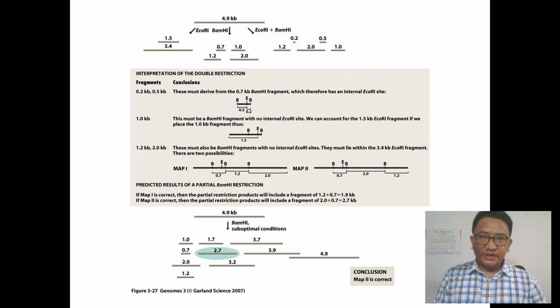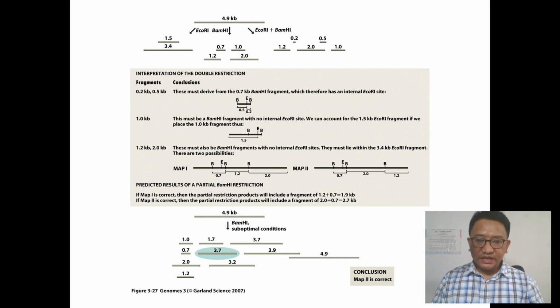So partial digestion is basically performed to find out some of the uncuts. In this particular picture, we can see from the partial digestion that a 2.7 kb fragment was present, but not 1.9, which means map 2, which has the order 0.7, 2 and 1.2, is the correct map.